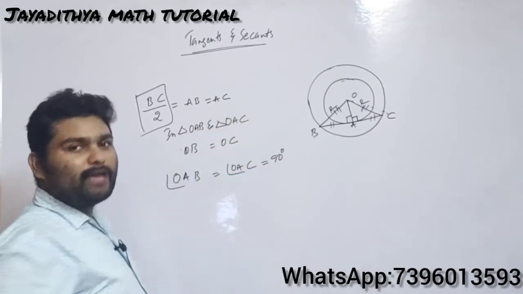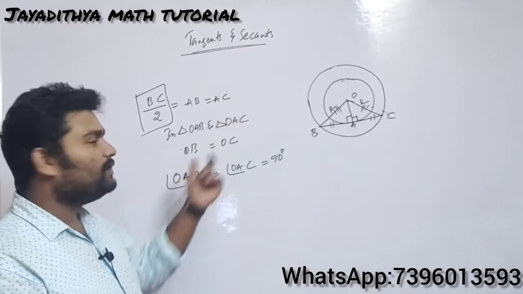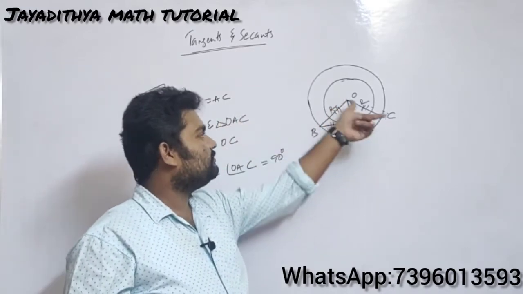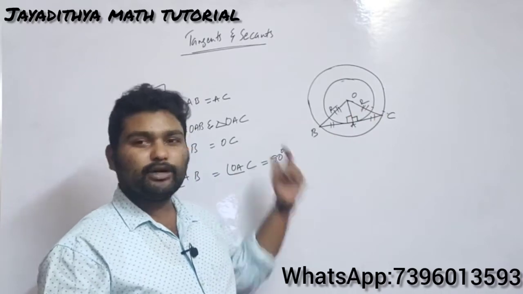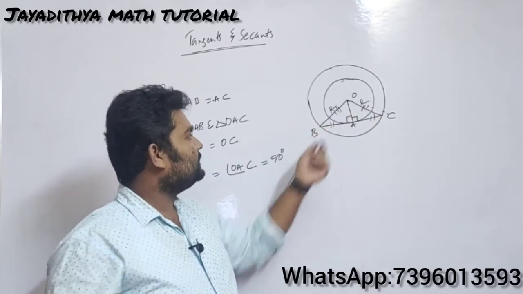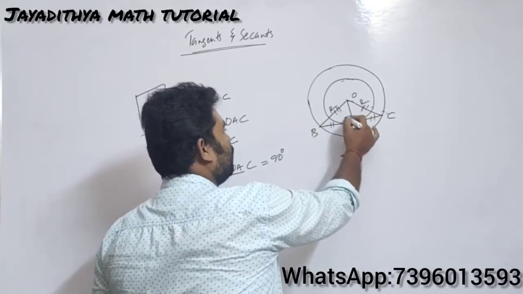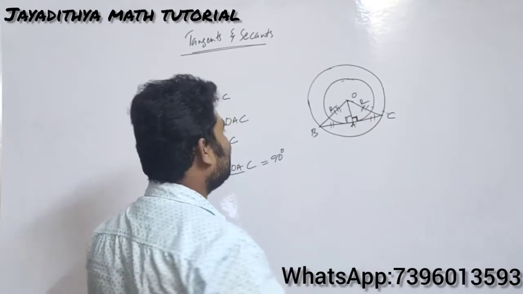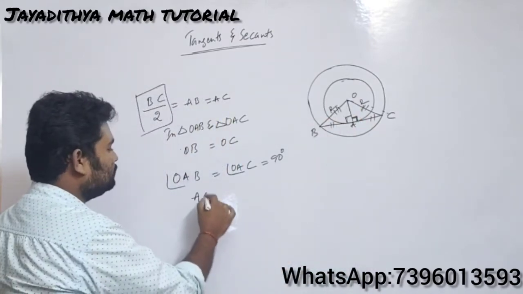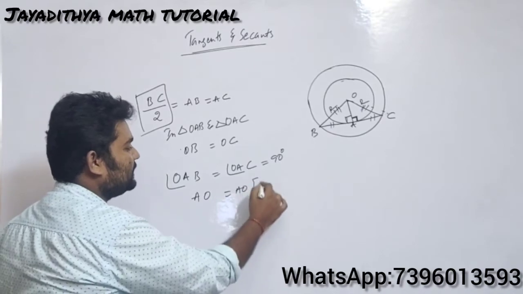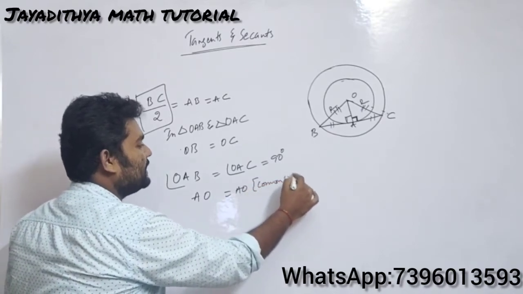In those two triangles, first, OB is equal to OC, because those are the radii. We are also discussing the angle: if it is 90 degrees here, this also will be 90 degrees. And the other one is AO. In both the triangles you have AO, that is nothing but the common side.